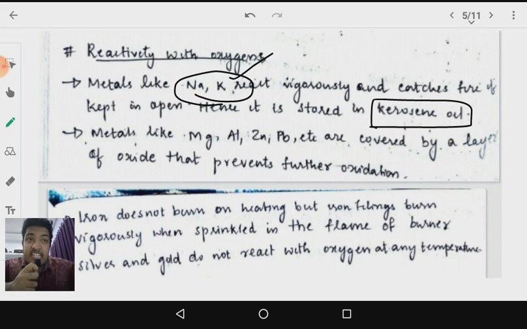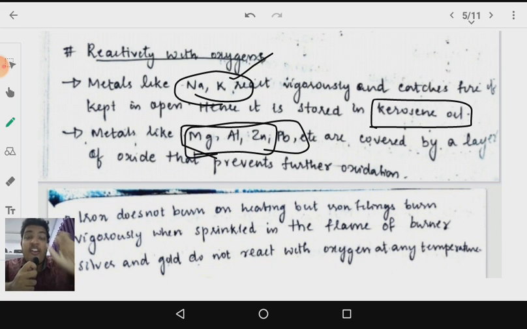Next, metals such as magnesium, aluminium and zinc. Also we have lead. So these four elements, when they are reacting with oxygen, will form a coating on the surface. This we have already studied in the first chapter, where we discussed the experiment of burning the magnesium ribbon. There, first of all, we are rubbing the magnesium ribbon with sandpaper.